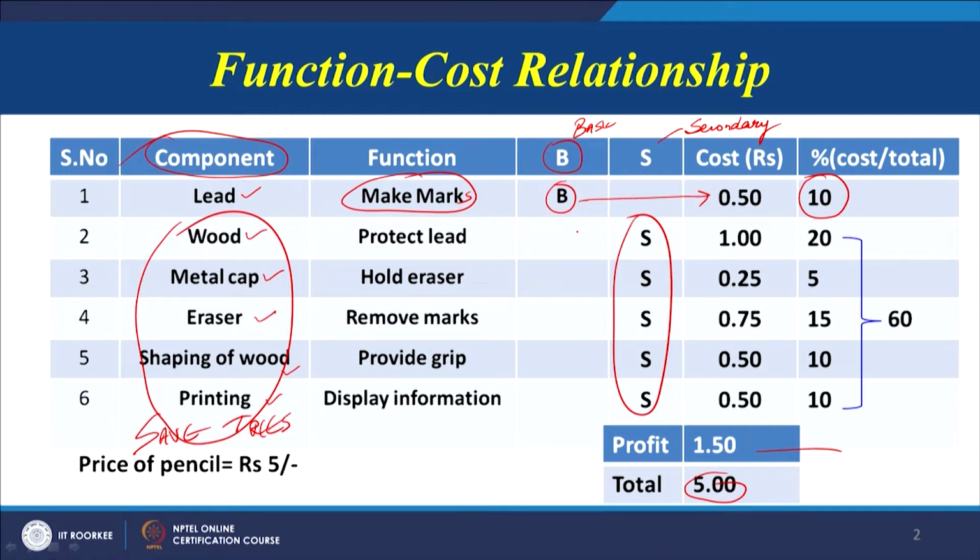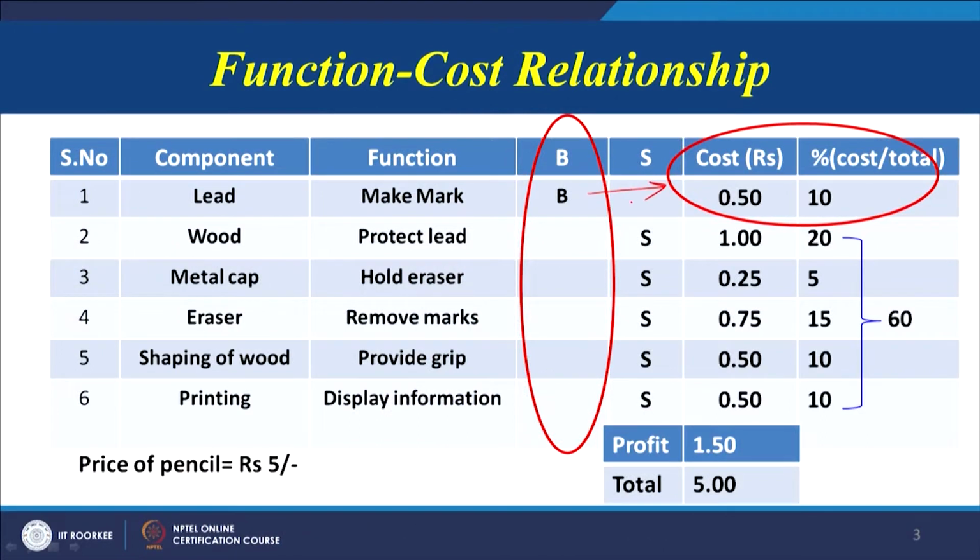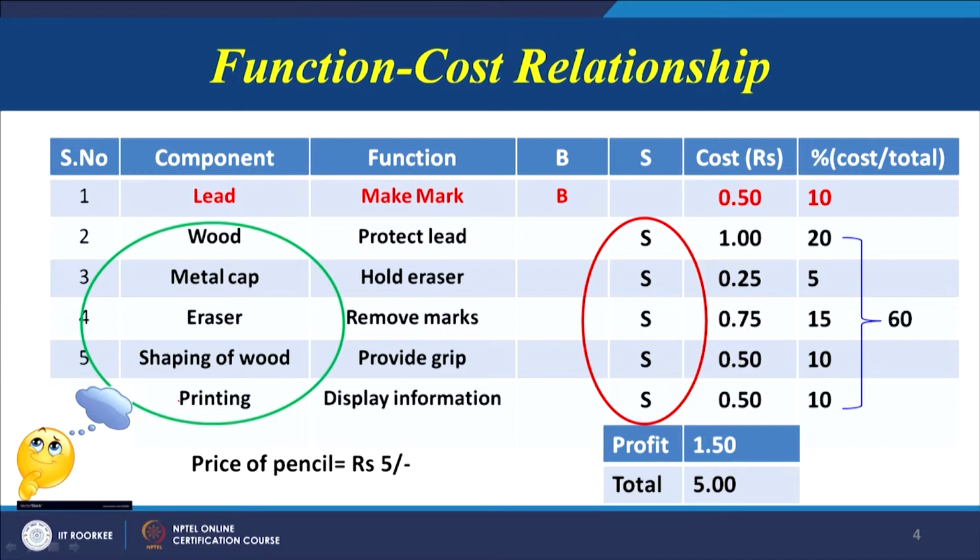So they support the basic function, but whether we really need all these secondary functions, that is the object of our discussion. Here we can see that the basic function is contributing to only 10% of the cost, and the secondary functions or components are contributing to 60% of the cost. So this is a summary of what I have said.